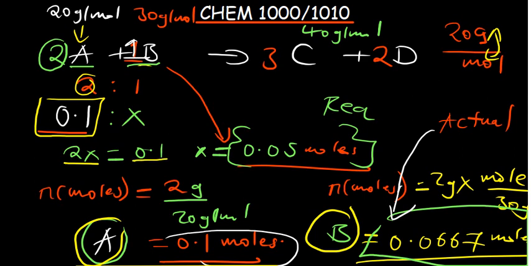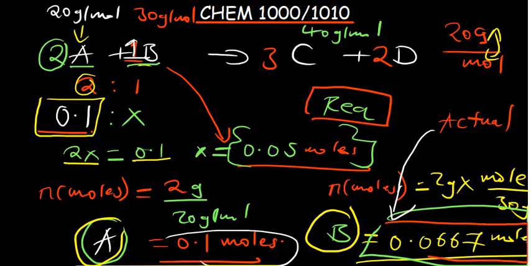Then if you divide by 2, our value of x is 0.05, telling us that these are the number of moles required to react with the available number of moles of A. Now the question is, are these number of moles required more than the actual number of moles of B that we have, or are they less? Okay, so since they are less, what can we say?